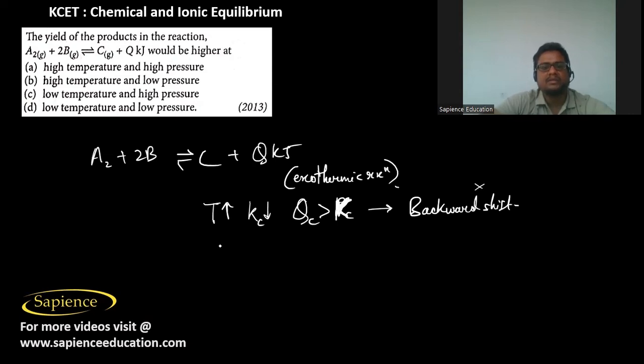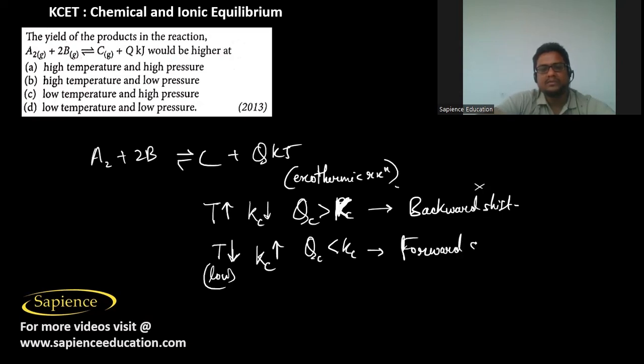So it means that the temperature should be lowered. When the temperature is low, the equilibrium constant Kc will increase and then Qc will be less than Kc, then there will be a forward shift in the equilibrium. So it means only then the yield of the products will be higher.